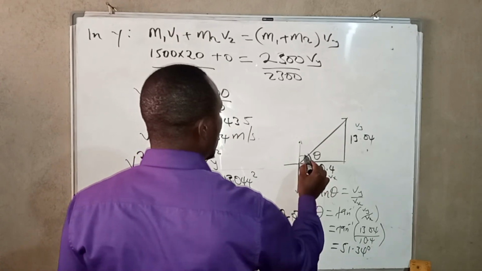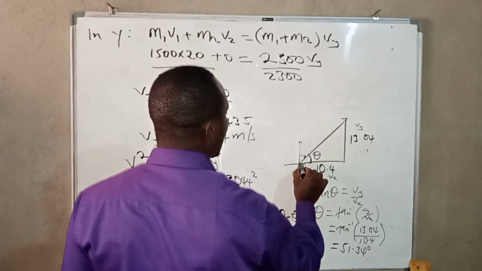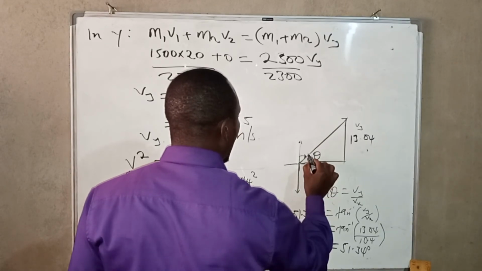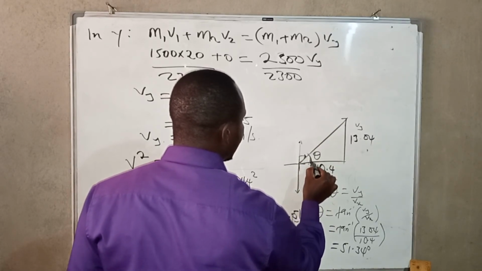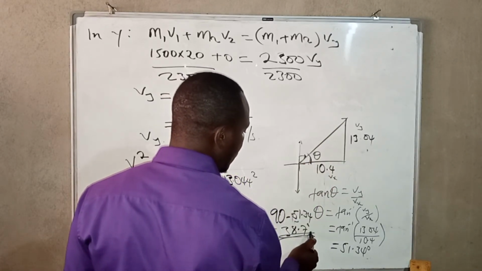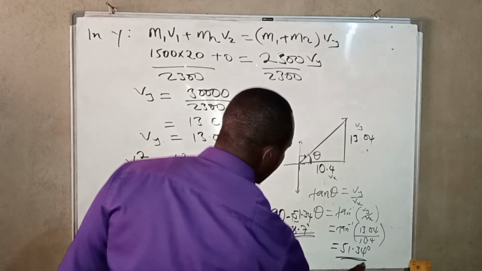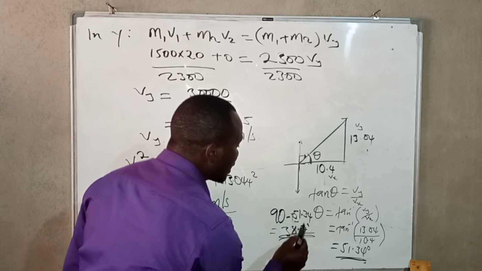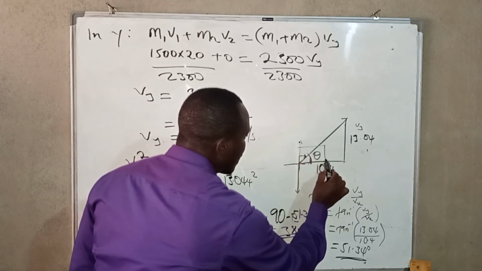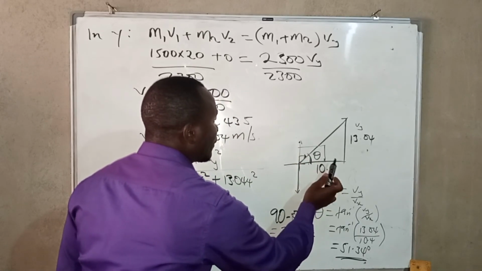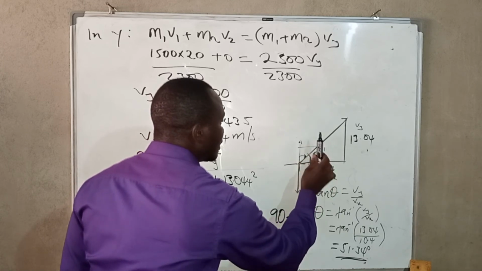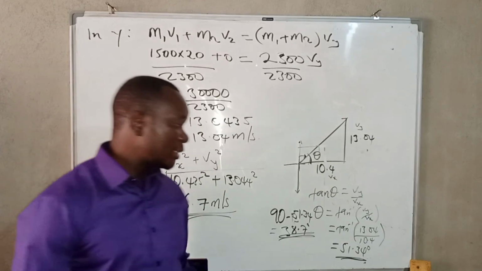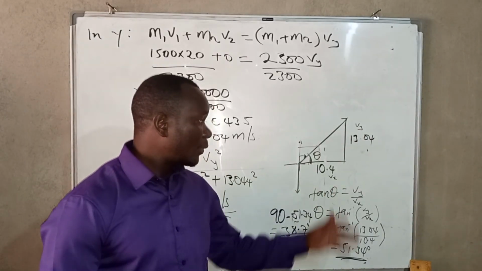This one will be east of north, or this one from the positive x-axis. So you can either use this one or this one. We are subtracting from 90 because this is a right angle, so this plus this must give us 90 degrees. So this is how you should go about this.